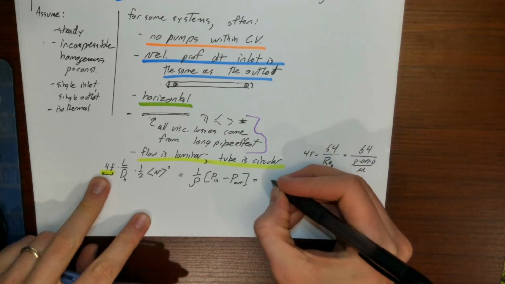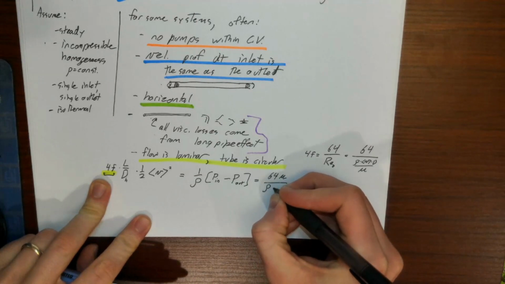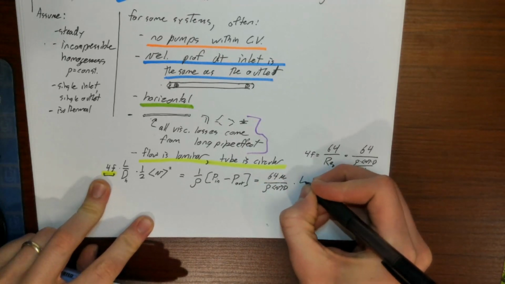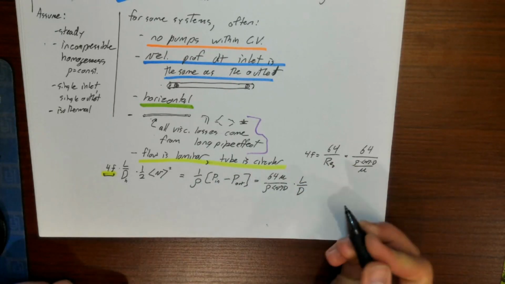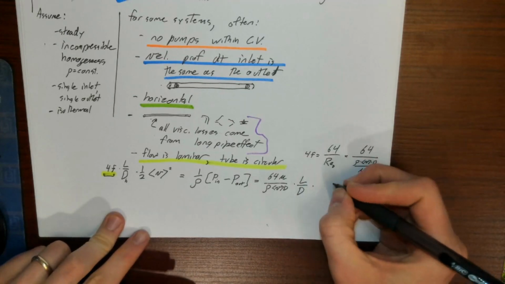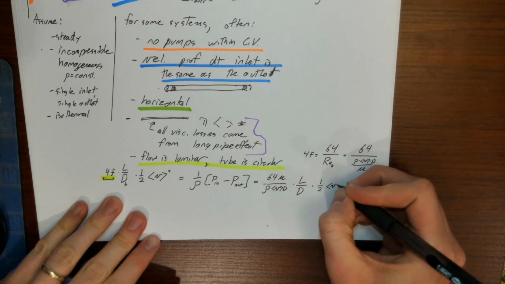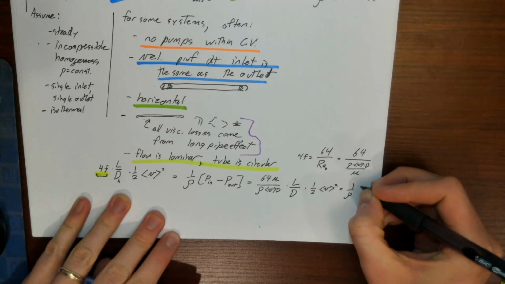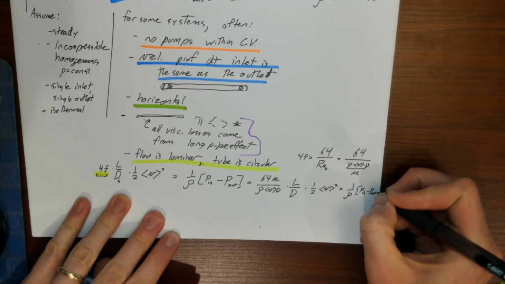So we have 64 mu over rho v d times L over D. And in this case, for a circular tube, the hydraulic diameter is just the diameter of the tube. And then we have times 1/2 average velocity squared is equal to 1 over rho times P in minus P out.